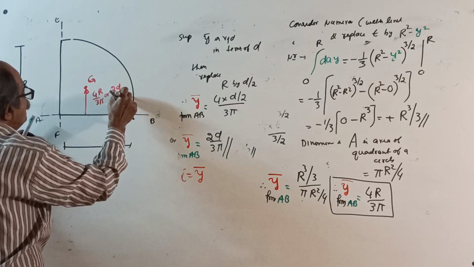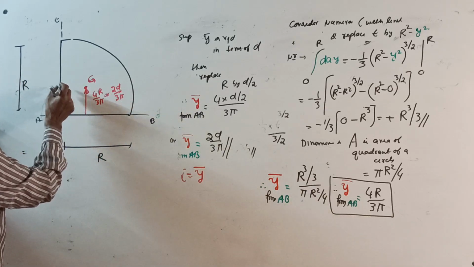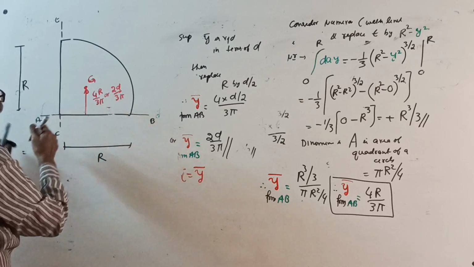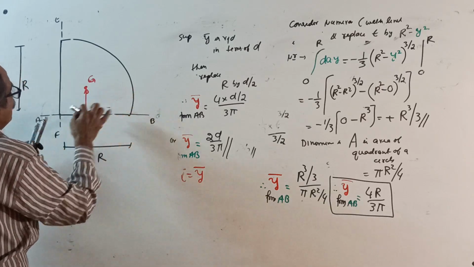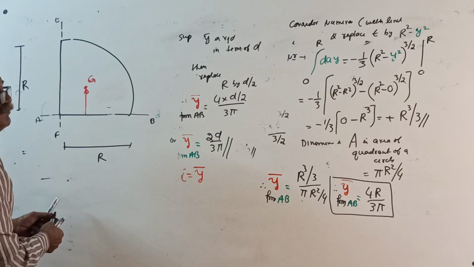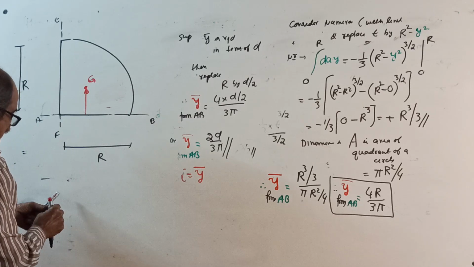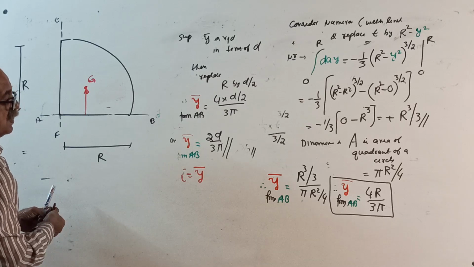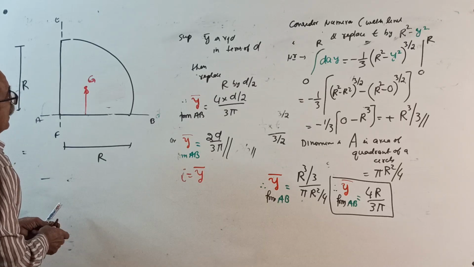In the same way, this is your x bar. See, this is your y bar required. To make it crystal clear, this is y bar from AB.